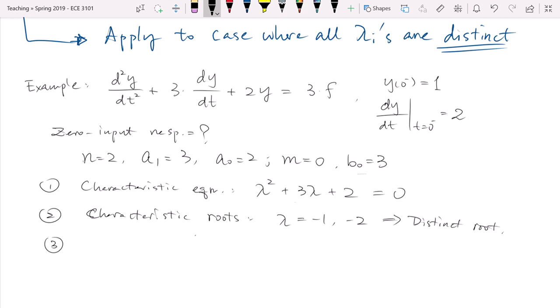A quadratic equation has two roots, both of them are different. You don't have to worry about repeated roots in this case. And this is where the zero input response y of t in this case will be equal to c1 times e to the negative t, since this is negative 1 t, plus c2 times e to the negative 2t. So this is lambda 2 t.